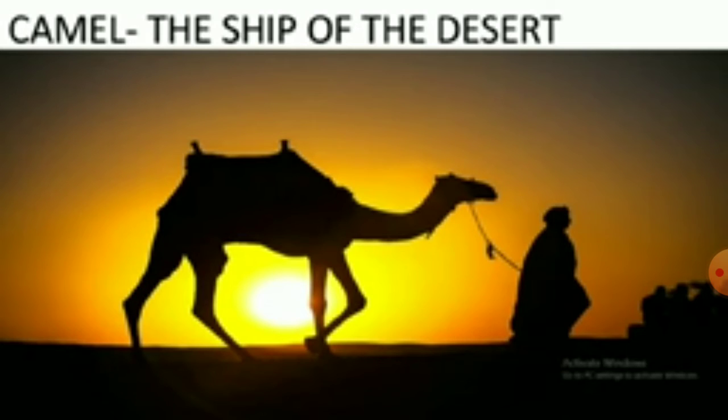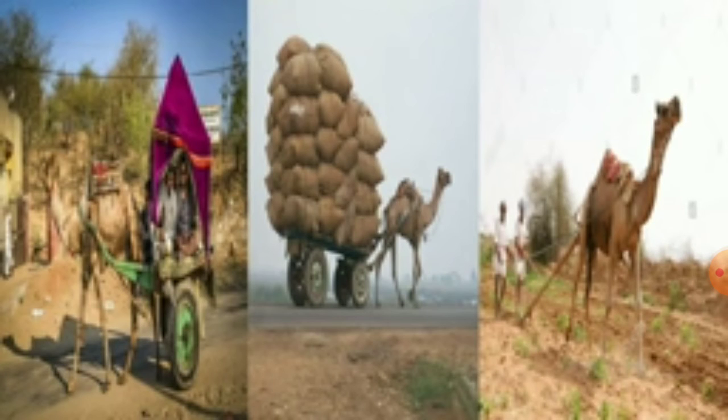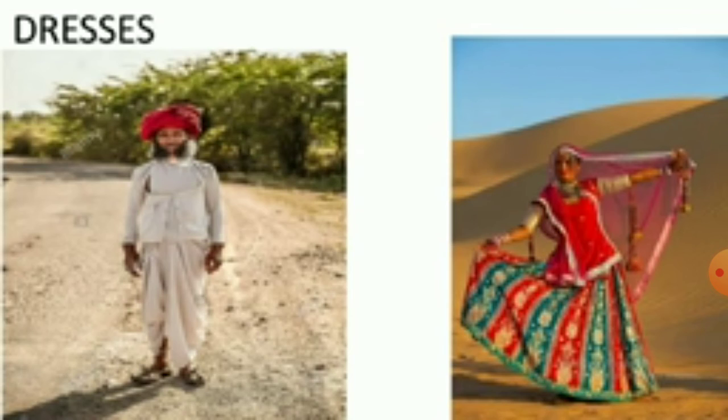They are therefore called the ship of the desert. In times of scarcity they are used for transport. They can carry big loads and are helpful to farmers in the fields. That is why the camel is called the ship of the desert.